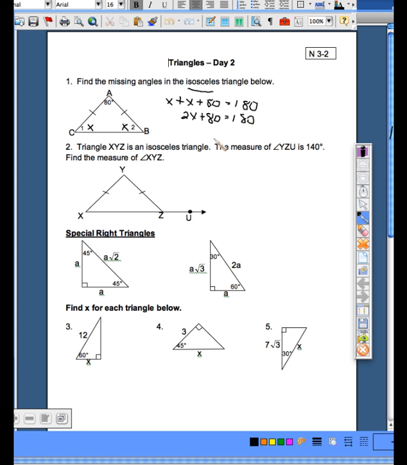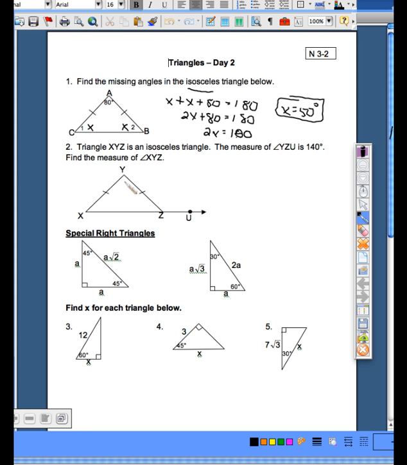Then subtracting 80, 2x is equal to 100, and so x is equal to 50. So each of the angles that we're missing is 50 degrees. Again, remember, if the sides are the same, the angles across from the sides are the same.